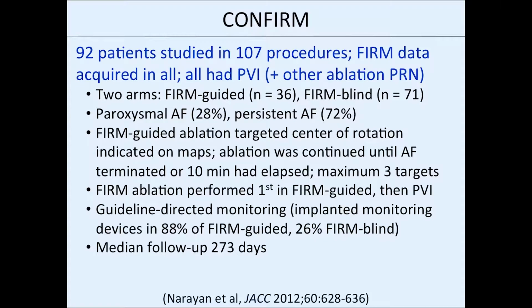Importantly, about 88% of patients in the FIRM-guided group and about 1/4 of patients in the FIRM-blinded group had implanted devices with an atrial recording, such that it was a very good objective recording of whether atrial fibrillation had occurred. The mean follow-up was a little under a year.